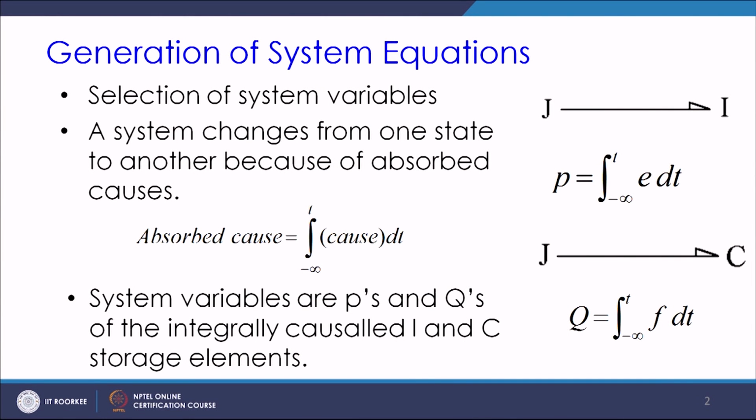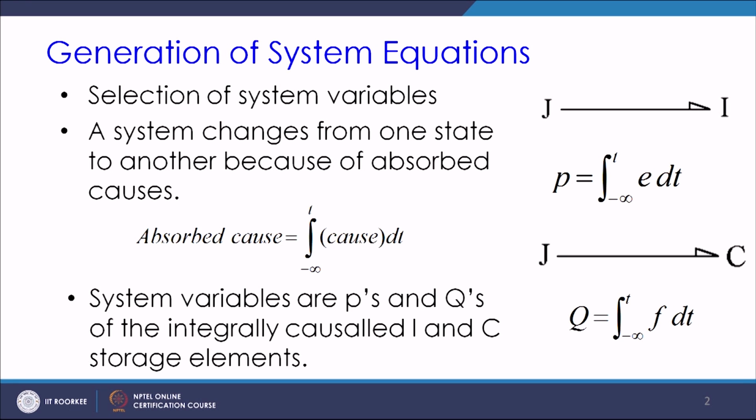A system changes from one state to another because of the absorbed cost. If I define the absorbed cost as the integration of cost dt, with the integration carried out from minus infinity to t, then it is the absorbed cost which is responsible for the change from one state to another.